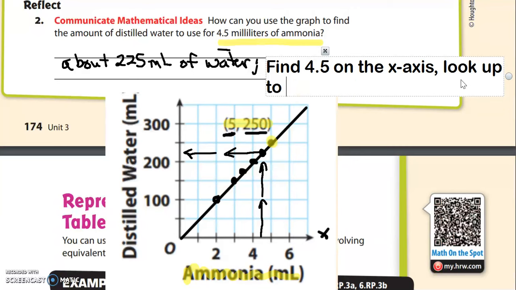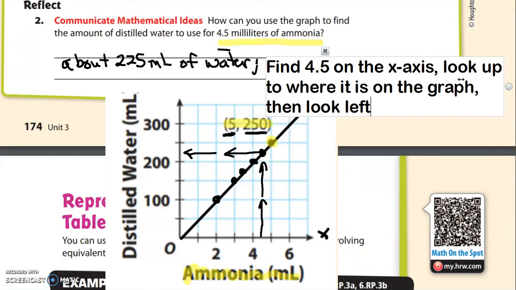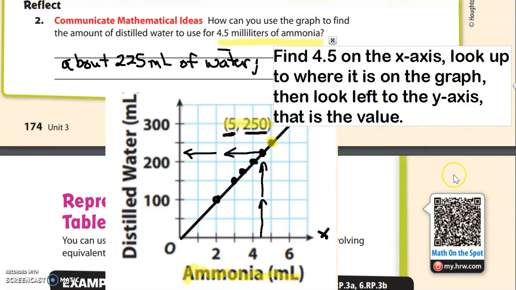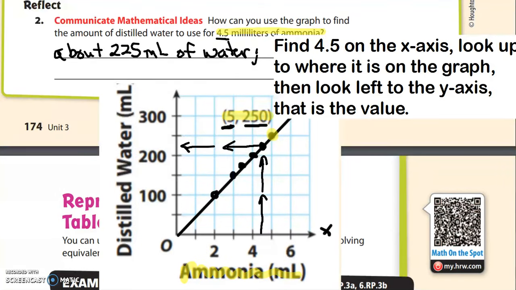I'm going to look up to where it is on the graph, comma, then look left to the y-axis. That is the value. Now those words aren't super clear. I realize that I'm a little bit limited in how I can explain that. But what I just showed you, I'll highlight again, what I just showed you about looking from here up to there and then going over to the y-axis, that's how you do it. It's just hard to explain.